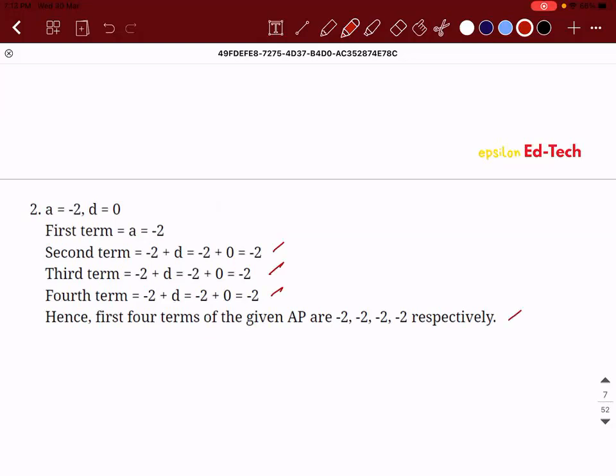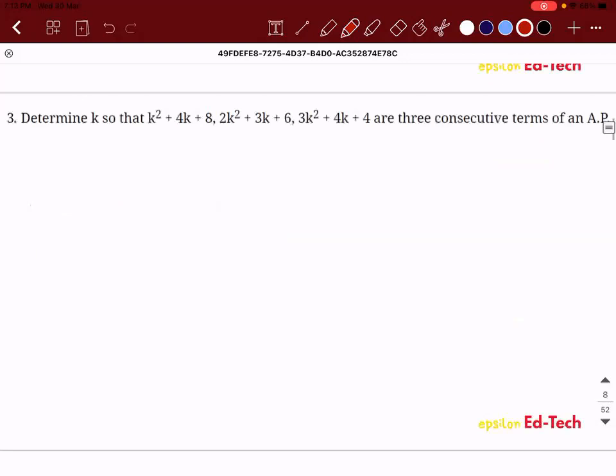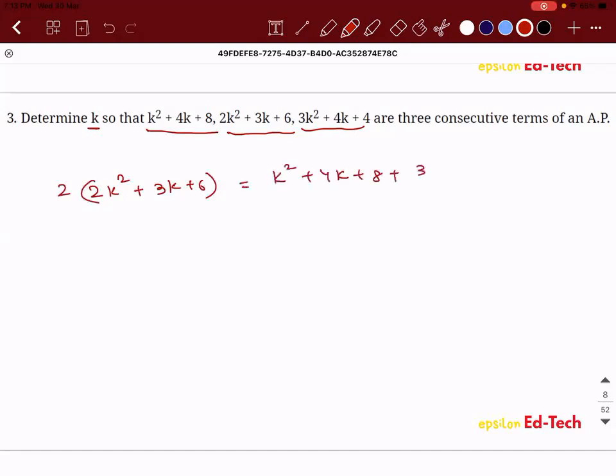Determine K so that the values K square plus 4K plus 8, 2K square plus 3K plus 6 and 3K square plus 4K plus 4 are 3 consecutive terms of an AP. So 2 times 2K square plus 3K plus 6 is equal to K square plus 4K plus 8 plus 3K square plus 4K plus 4.